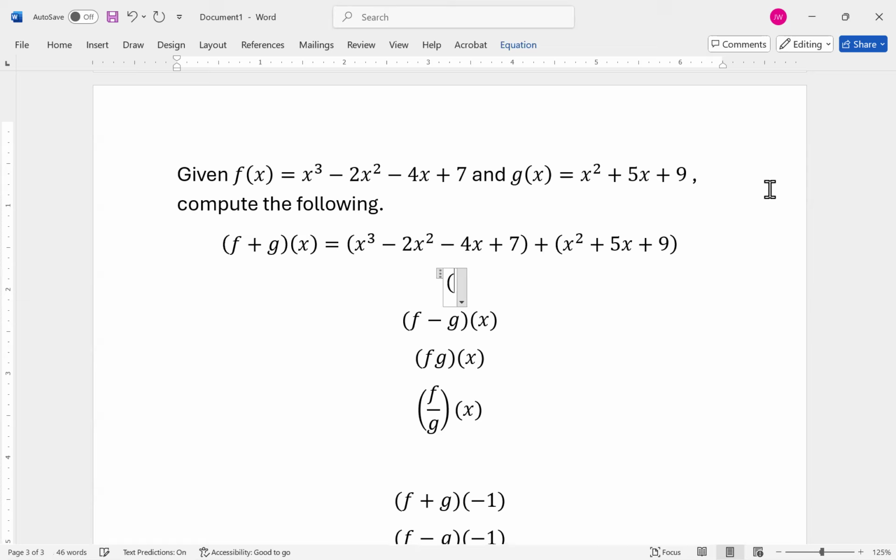So f plus g of x is equal to x to the third minus 1x squared plus 1x plus 16.